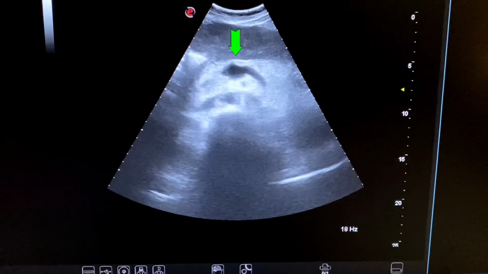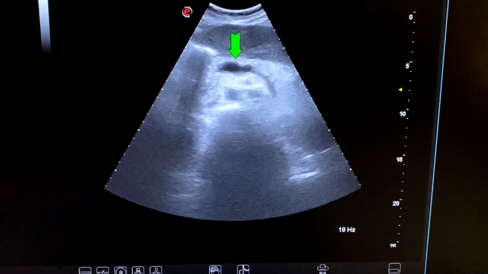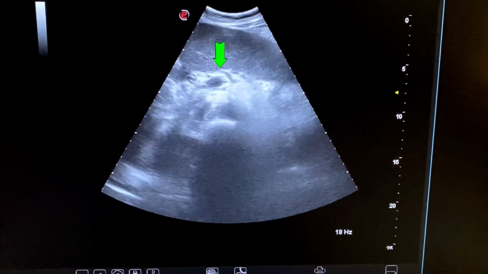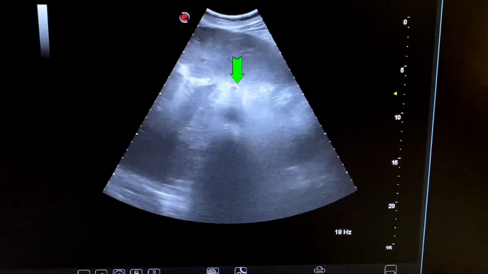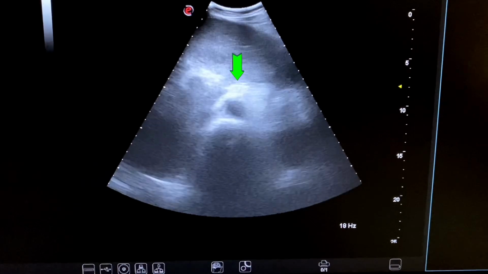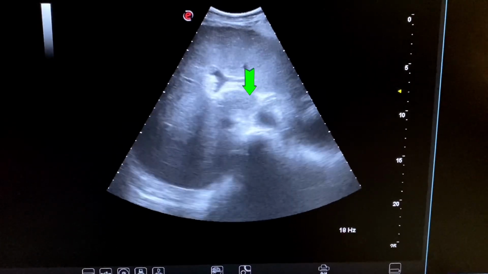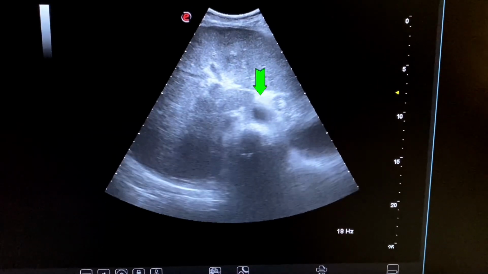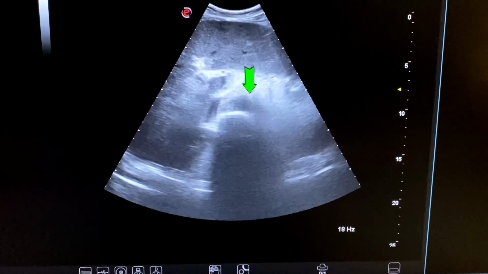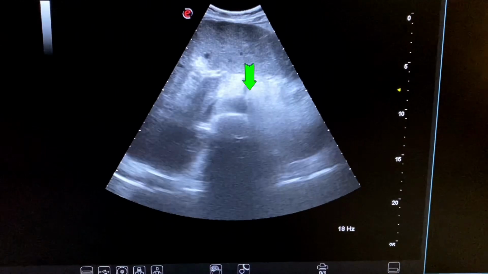For scanning of the pancreas, it is better to scan first the portosplenic confluence with the splenic vein, and it is easy to locate the pancreas around and above the splenic vein and portosplenic confluence, because the pancreas is difficult to locate due to gases.